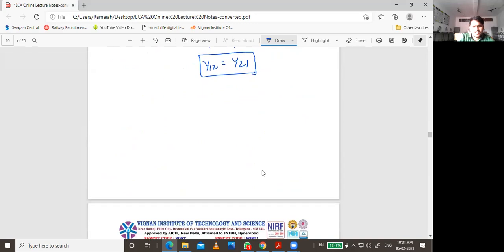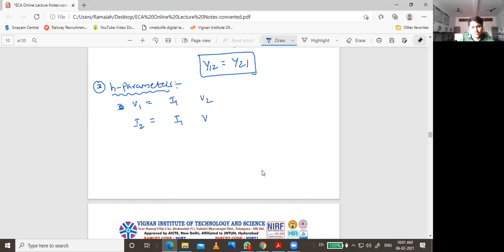The third one is H parameters. Now let us find the condition for reciprocity in H parameters. For H parameters, write V1 and I2, port 1 voltage and port 2 current, as functions of I1 and V2.